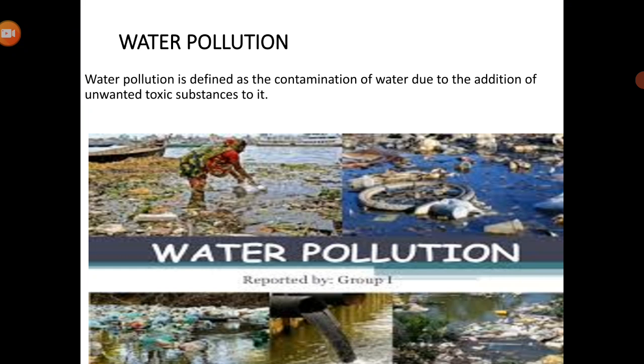Water pollution. Water pollution is defined as the contamination of water due to the addition of unwanted toxic substances to it. That is the alteration of physical, chemical and biological character of water, which causes harmful effects on human beings and or aquatic life.